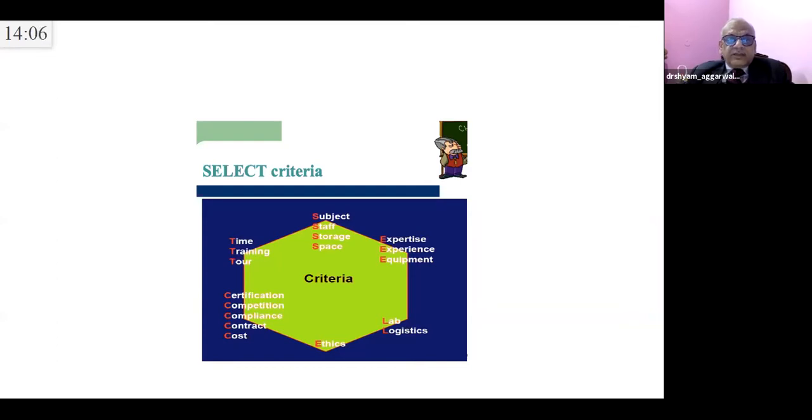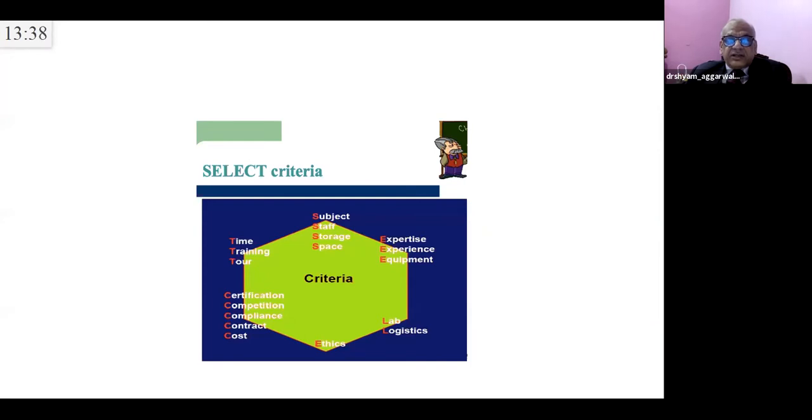These are some of the selection criteria for the investigator and for the CROs to determine whether the site is fit to conduct or participate in the said trial. As highlighted by Dr. Ghanashyam, you have to have staff, space, storage, and of course the subjects.